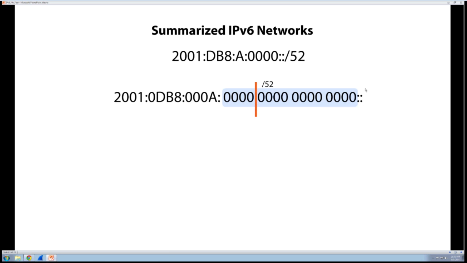All right, so our /52 is going to fall right here, okay? It's this line here. And the way I got that was we have 16 bits in our first 3 hextets, right? That's 48 bits total. And then if I start counting in binary, we have 49, 50, 51, and 52.